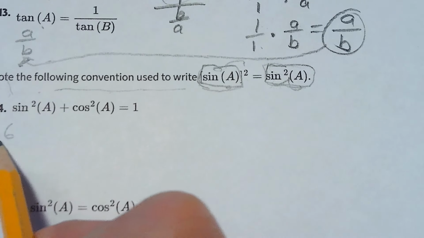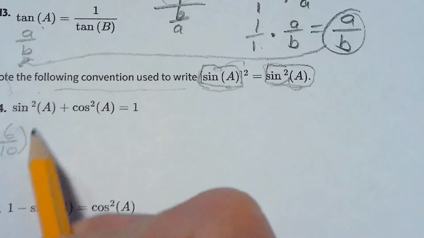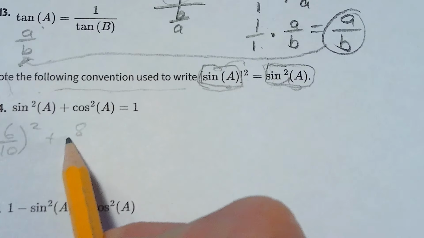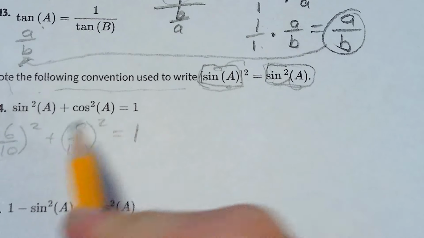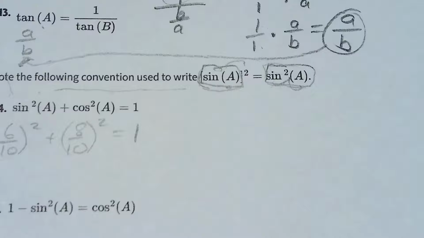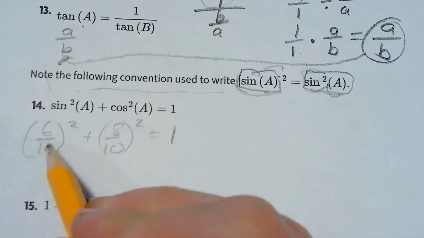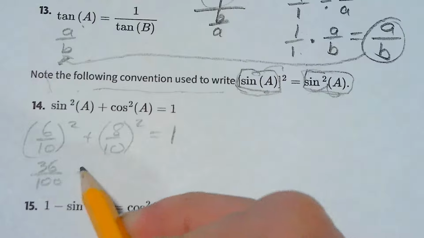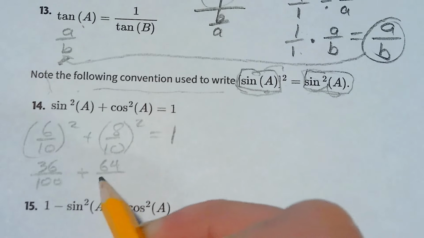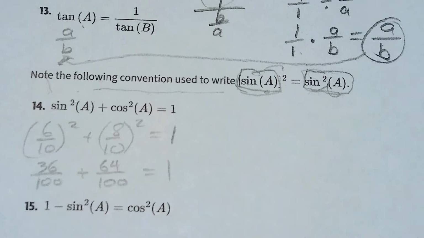So 6 over 10 squared, plus 8 over 10 squared equals 1. Whoa.